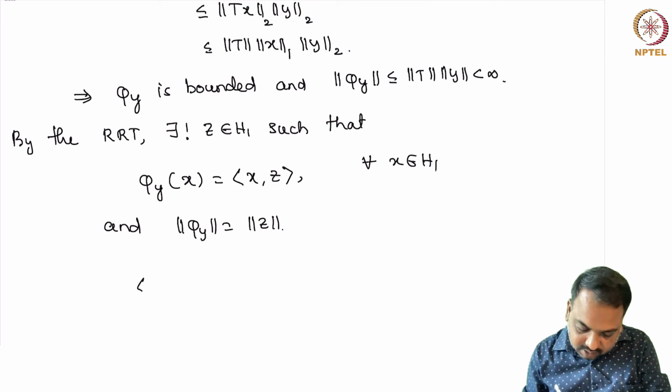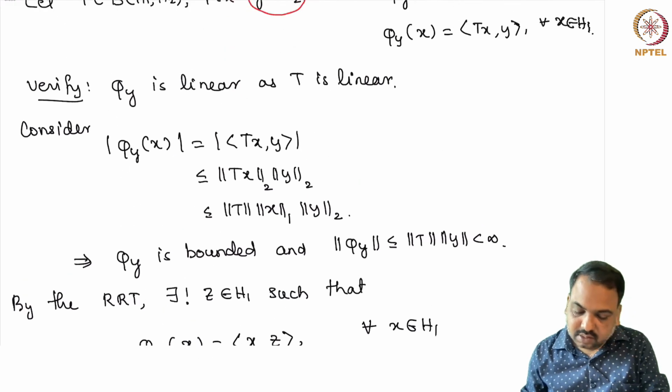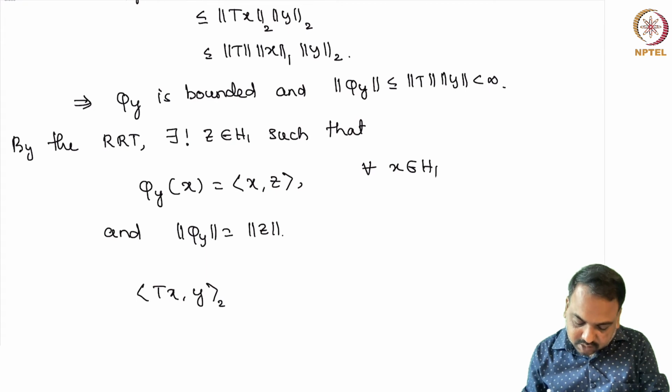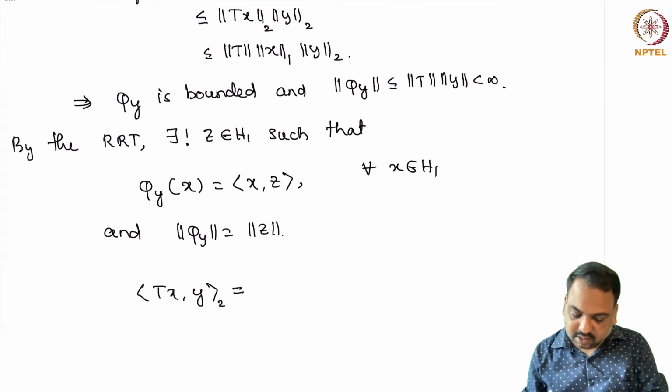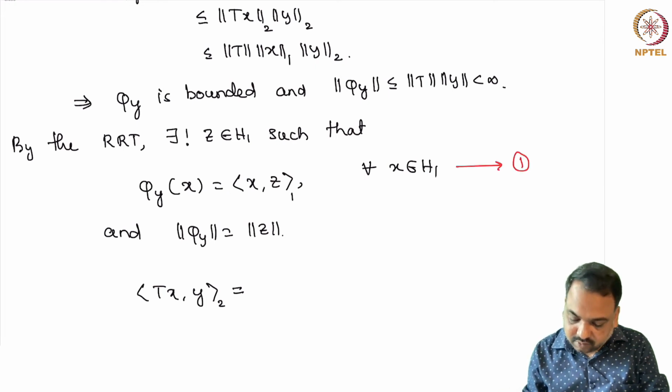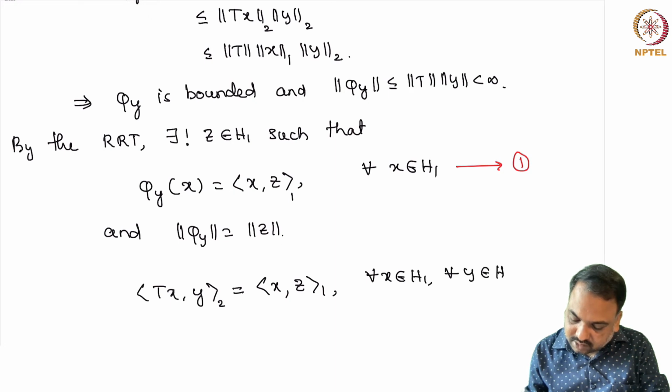The earlier condition was the inner product of Tx with y in the second Hilbert space, and by relation 1, this is the inner product of x with z for every x in H1 and for every y in H2.